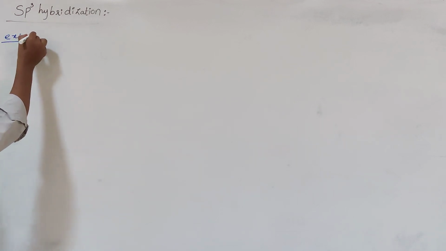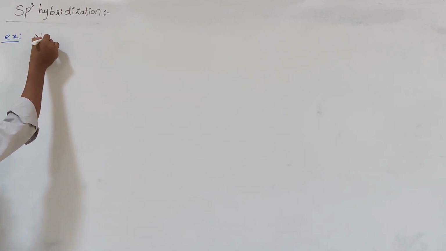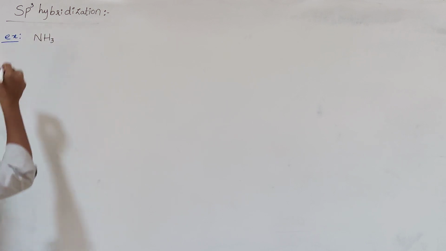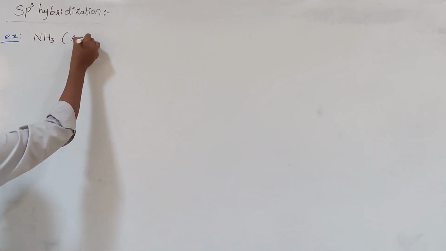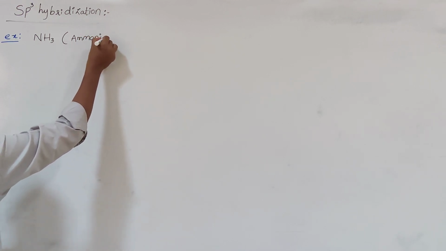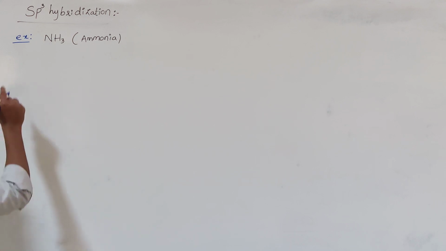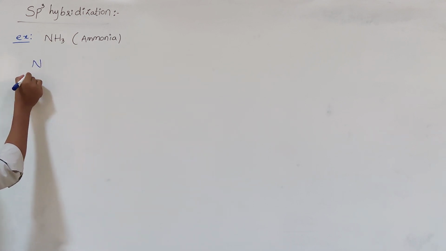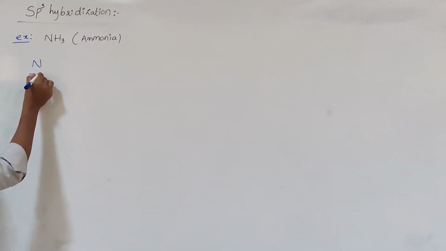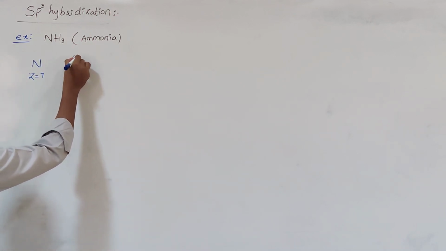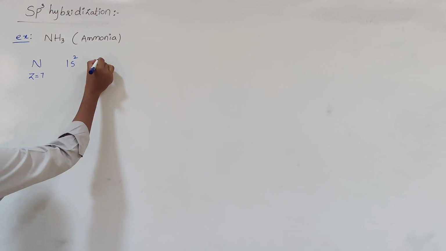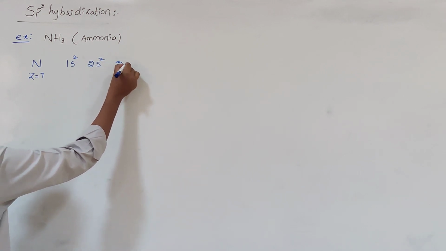Another example, the ammonia molecule, NH3. In the ammonia molecule, the central atom is nitrogen. You know very well about nitrogen. The nitrogen atomic number is 7. The electronic configuration is 1s2, 2s2, 2p3.